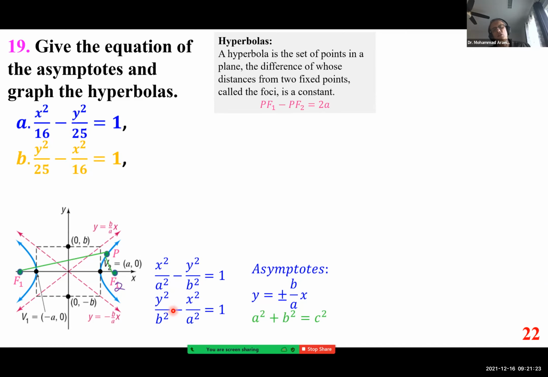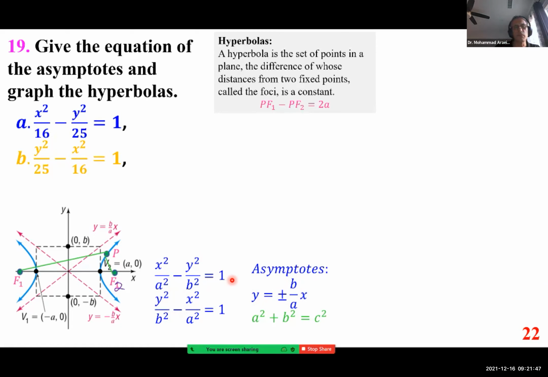Some texts do change that, and I'll tell you why I don't in a moment. If you keep them intact, in other words, the b squared is always under y squared, then the formula for the asymptote doesn't change. It's always y equals plus minus b over a times x, and I like to keep it that way.